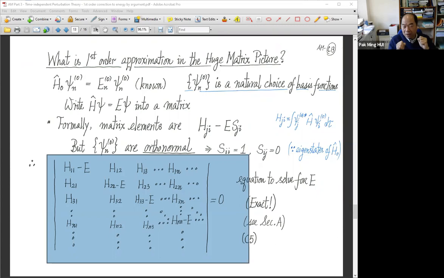My question is, I can take the exact solvable solutions to write the unknown problem into a big matrix, which is exact. On the other hand, we have the first order correction in energy, the formula. Question is, how can I connect that exact huge matrix problem to my approximated expression? Is the question clear?